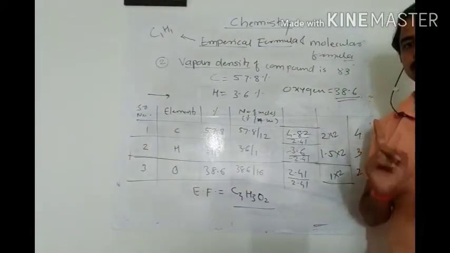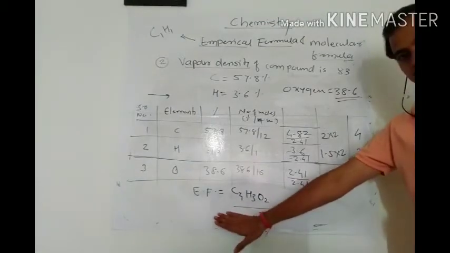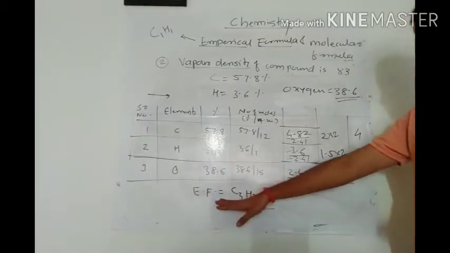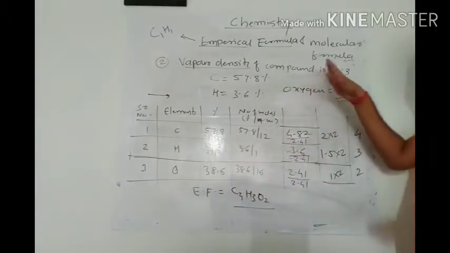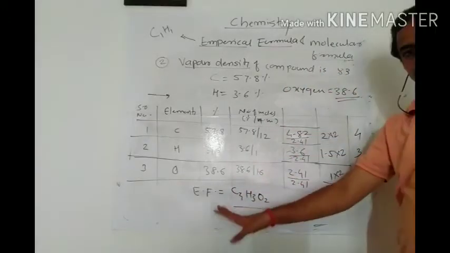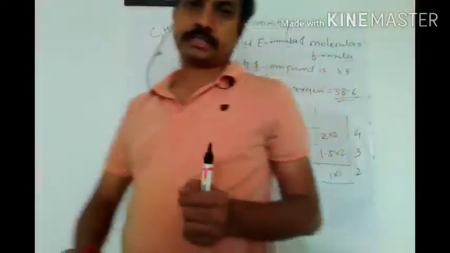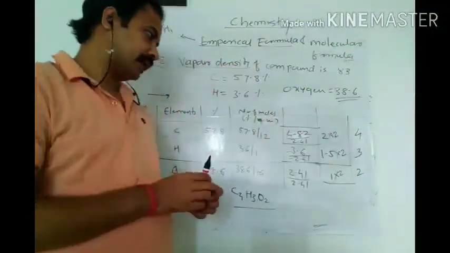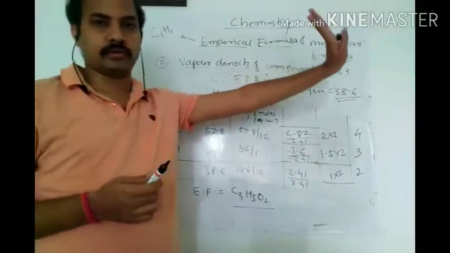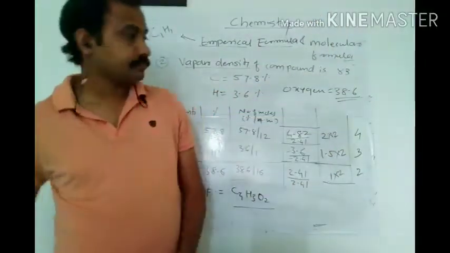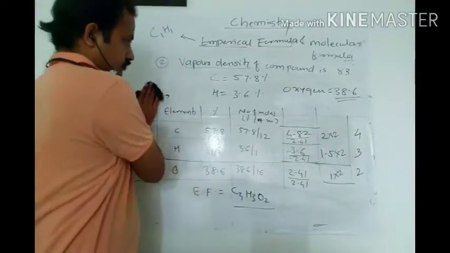Then you have to find the empirical formula mass. After that, once you get molecular mass and empirical formula mass, the ratio of molecular mass divided by empirical formula mass gives me the molecular formula index, and when I multiply this index with the empirical formula, I will get the molecular formula. Okay, so let's start this.